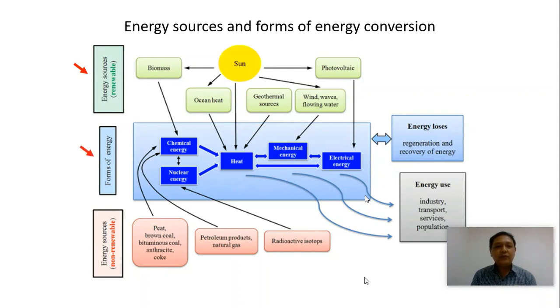And number two, forms of energy. We can see chemical energy, nuclear energy, heat, mechanical energy, and electrical energy. And number three, energy source, non-renewable. We can see peat, brown coal, petroleum products, radioactive isotopes.